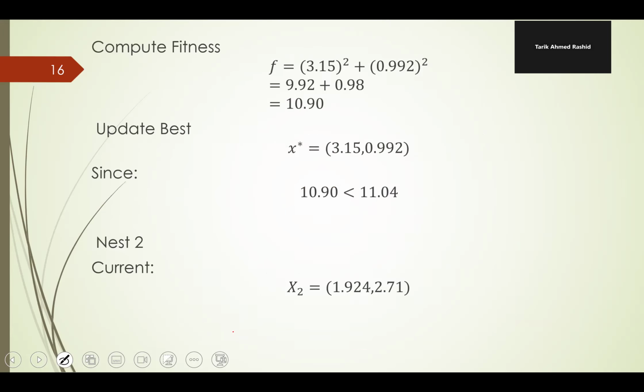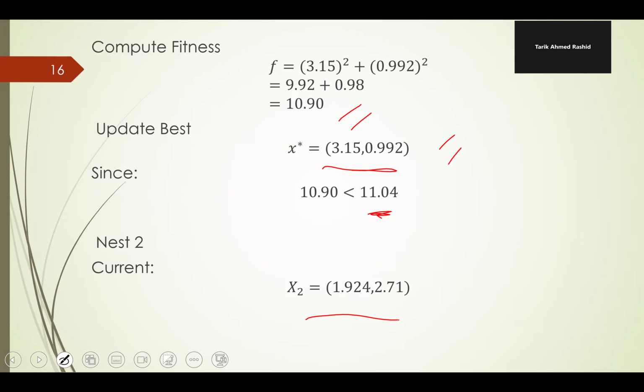Now we compute the fitness function. That's the fitness, 10.9. So we can keep it as the best because it's less than 11. 11.4 is greater than 10.9. So this one we keep as the best.